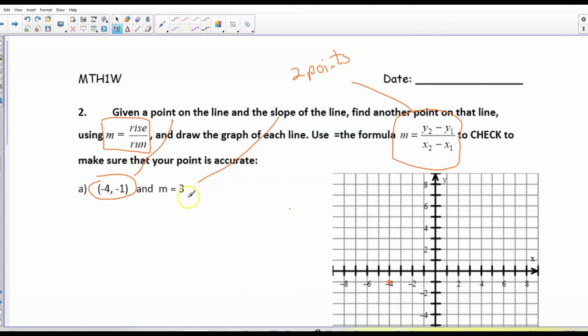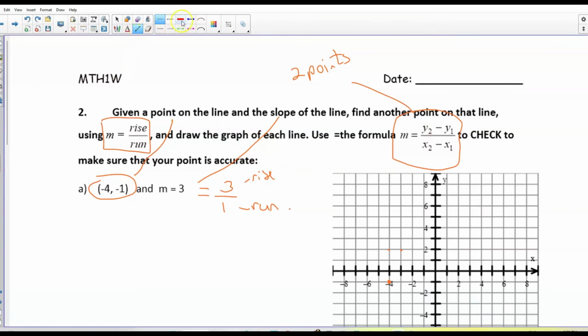If we have a slope of 3, well, really, we like slopes to be in fractions. At least I like them to be in fractions because I know that this is my rise and this is my run. So, okay, so from this point I go up 1, 2, 3, and I should just have to go over 1. And this should be my slope.